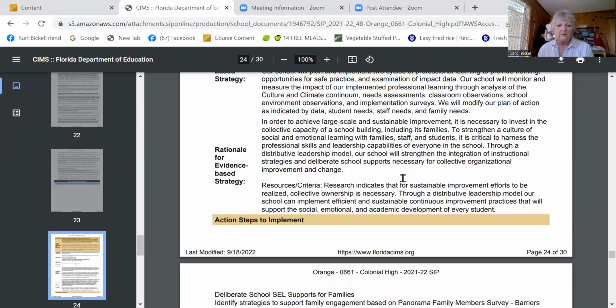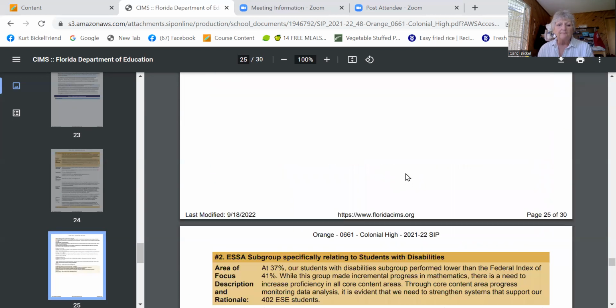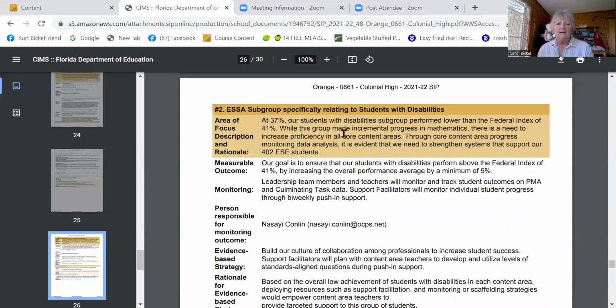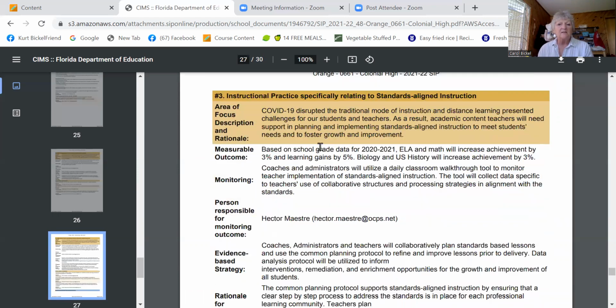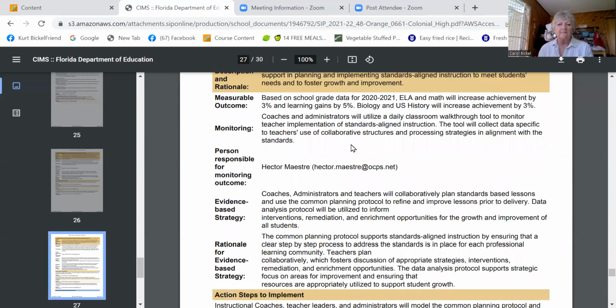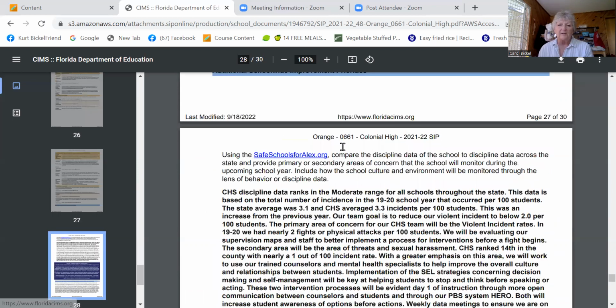There's a couple of other ones as well. This one right here is relating to schools with students with disabilities, which some of you are working with. So that might be a goal you could plug into. This one is really for teachers, and the administration has to focus in on that. Anyway, it goes on and so on.